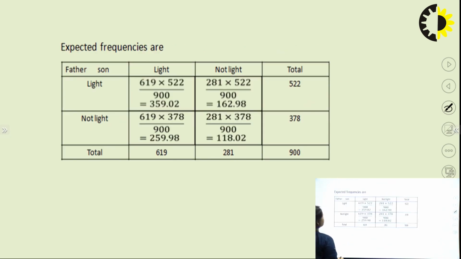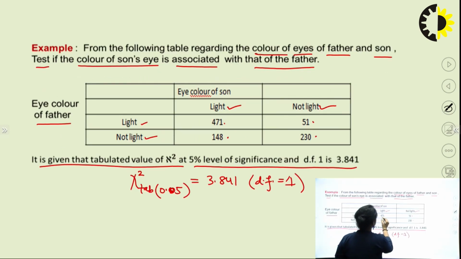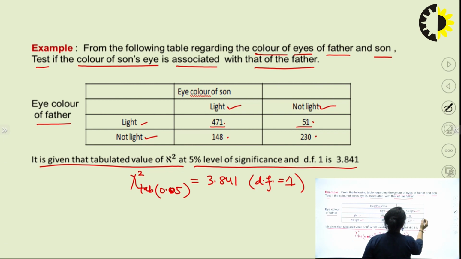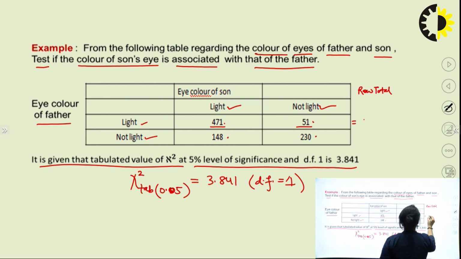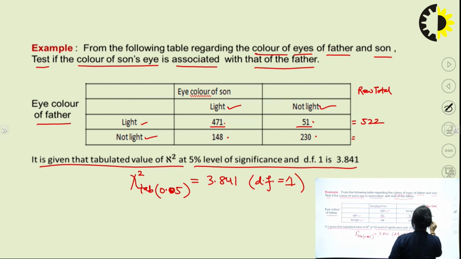So to calculate EI, if we have a look at the table which was given to us, this is 471 plus 51. The total comes out to be 522, this is the row total. Then 148 and 230, the total comes out to be 378.